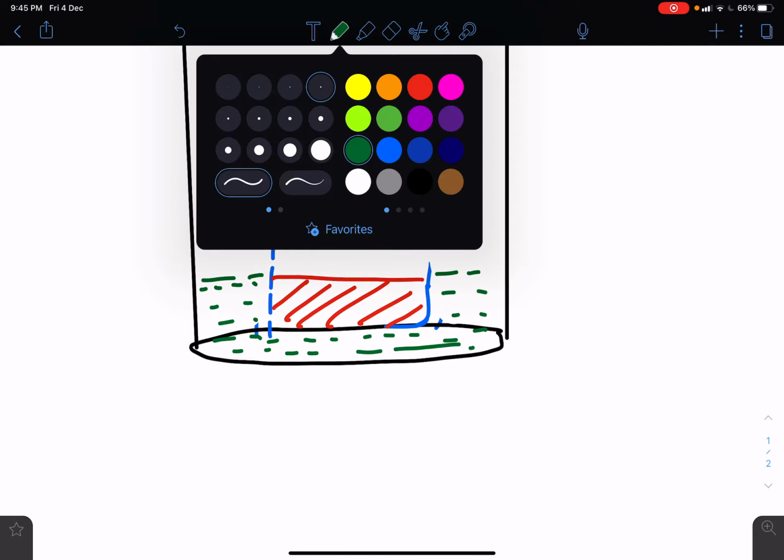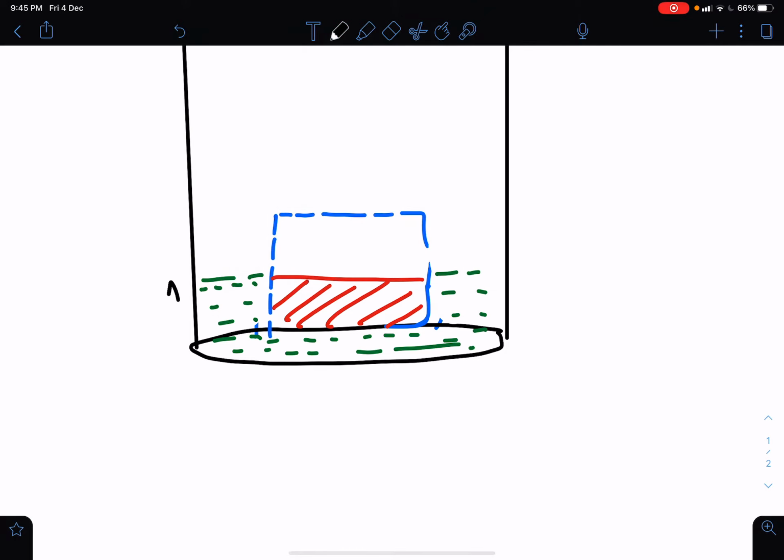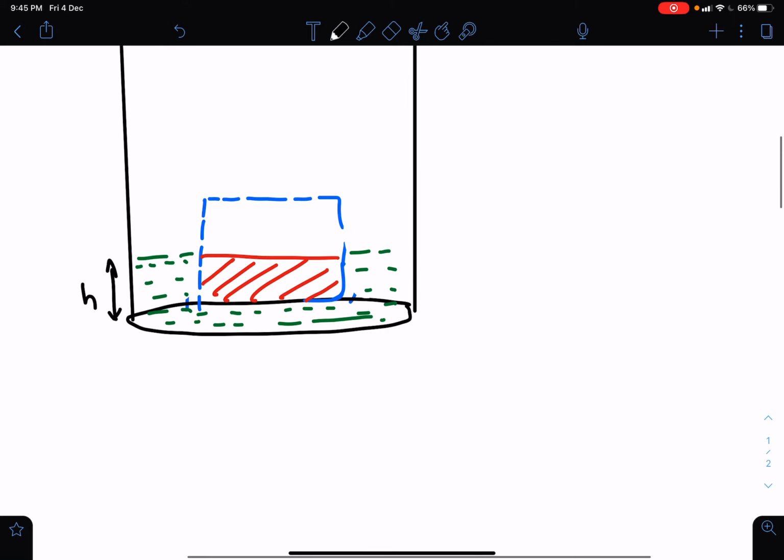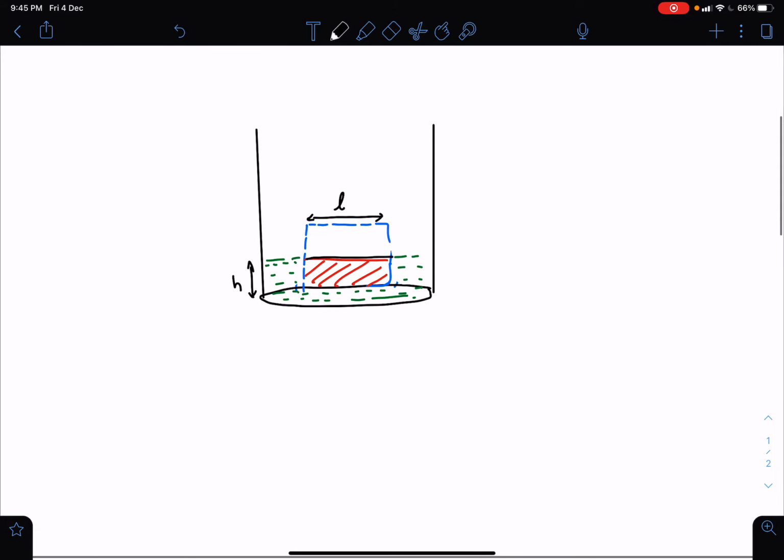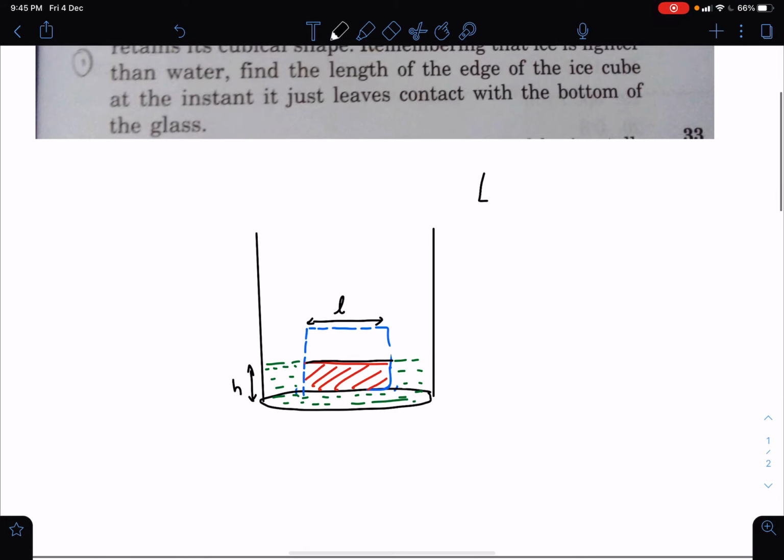Now what we can assume is that the height of the water which is formed is h. Let us also assume that the side length right now is small l, whereas initially the length was capital L. So capital L is the initial length, and small l is the present length at the time of leaving the bottom of the vessel and going up.